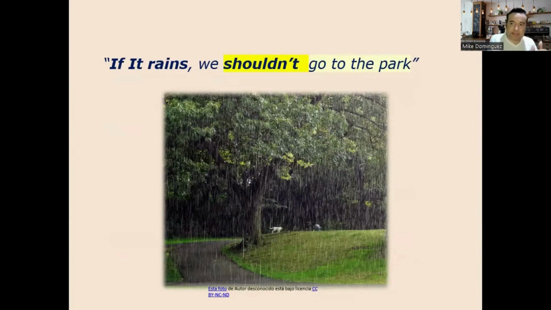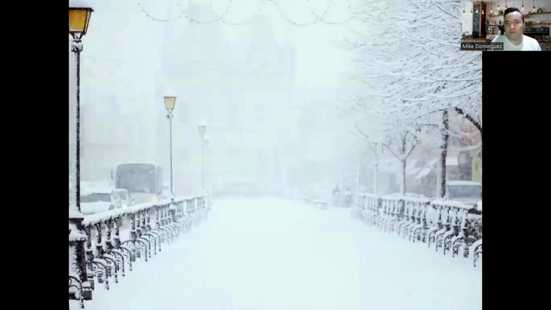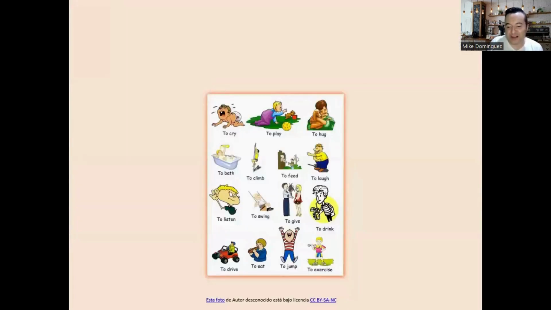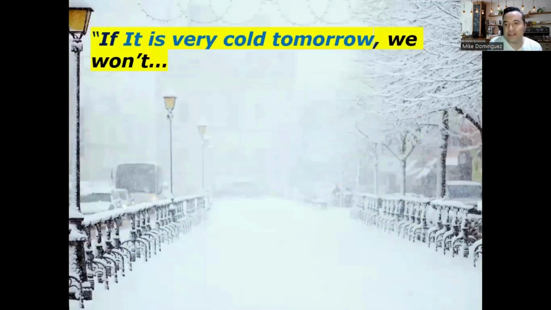So you can use the present and any of the three modals for future: might, should, or will. If it's very cold tomorrow, we won't what? Go to the park. We won't go to the park, or we won't have English classes, or we won't go to work, or we won't go to the university, right, Melly?